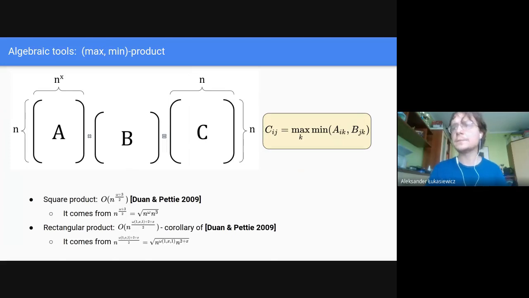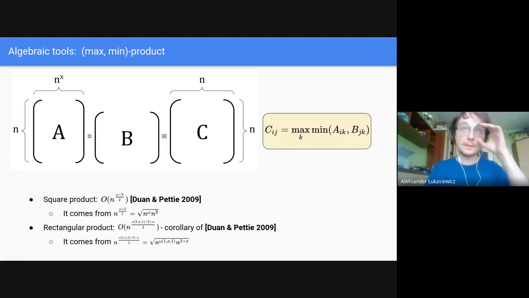There are also other matrix products, and we will use a max-min product where the addition is replaced by max and the multiplication is replaced by min. It turns out that it also can be multiplied in n to omega plus 3 divided by 2 time.